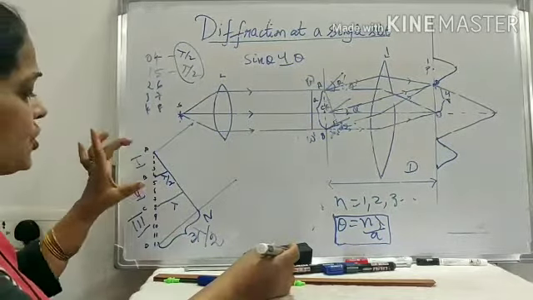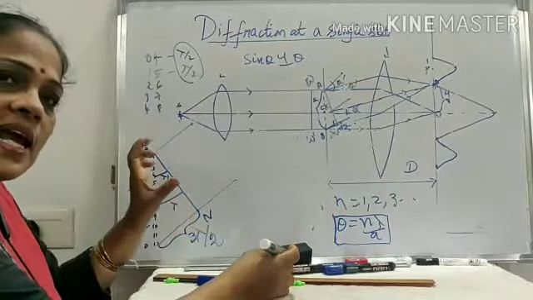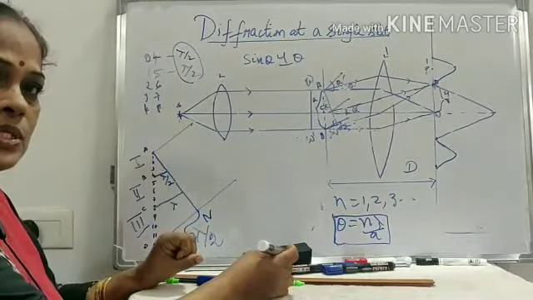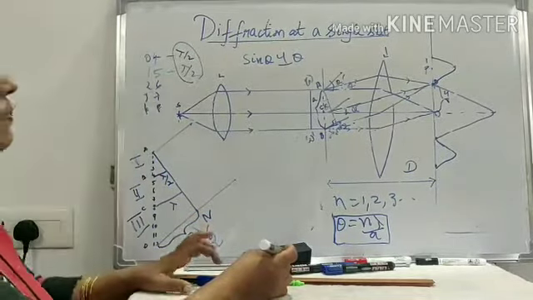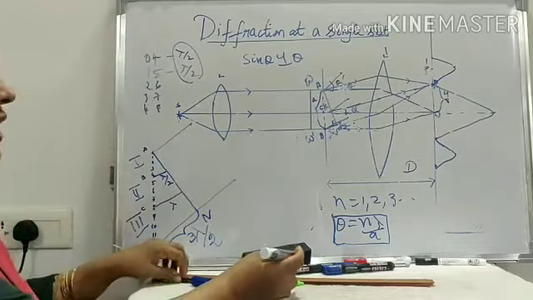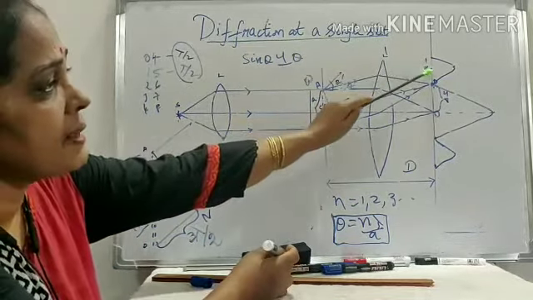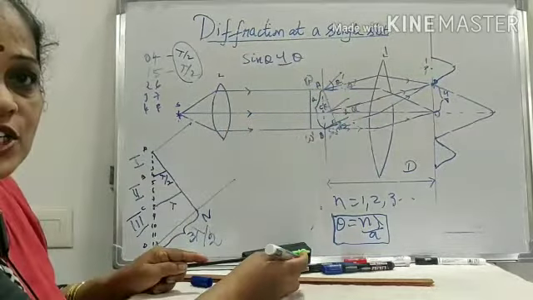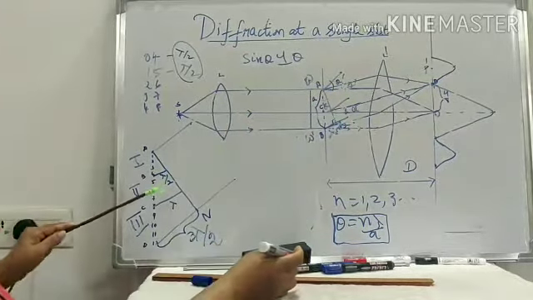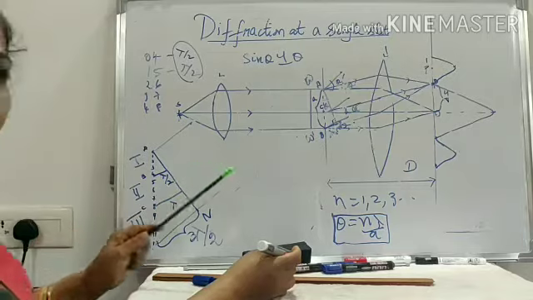So, from the first 2 parts, when the secondary wavelets superimpose, we get the path difference to be lambda by 2, which corresponds to a minimum. Therefore, we expect a minimum at the point P dash. But we have the third part of the slit over here.